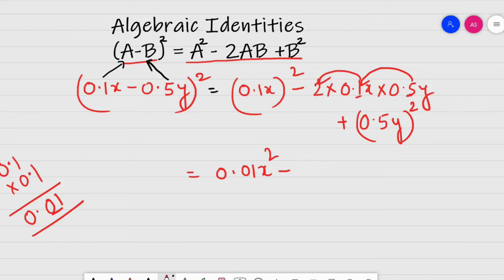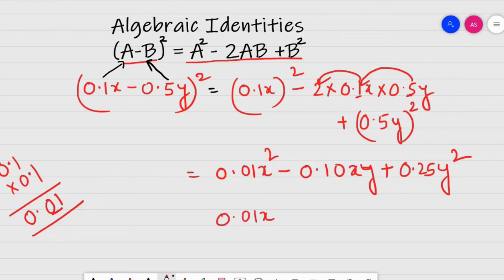So that will become 0.10, because 10 means after two decimals it will become 0.10xy plus, now 0.5 into 0.5 will become 0.25y square. So your final answer is 0.01x square minus 0.10xy plus 0.25y square.